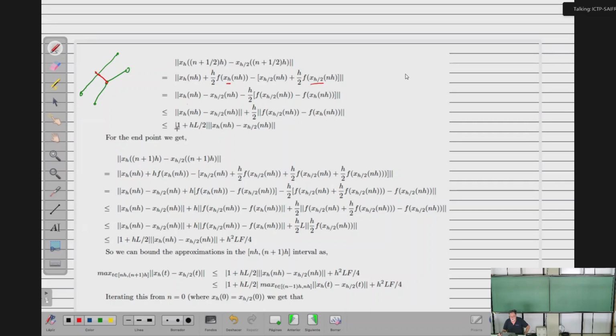So we get L1 from here plus hL over 2, right, from this times L, and the same interval here. So this is the relation between these 2 points. And then I have to compare these two, because I don't know whether the smaller distance is this or this one.